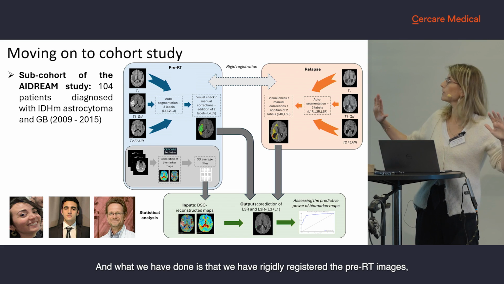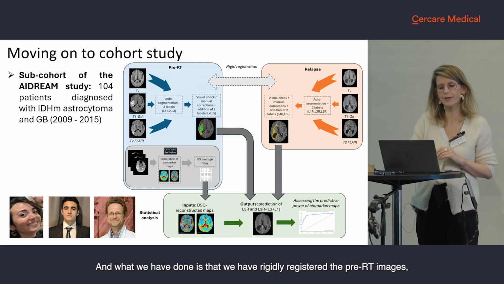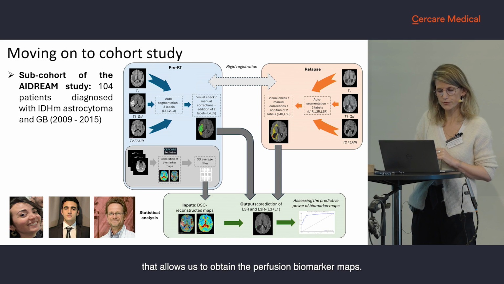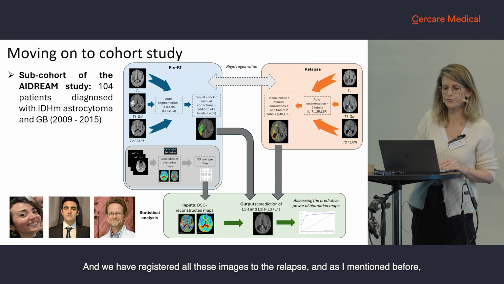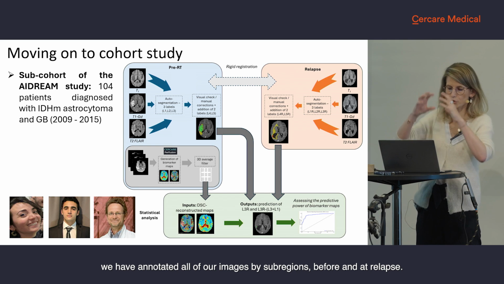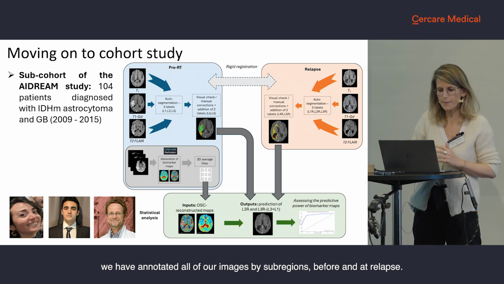What we have done is that we have rigidly registered the pre-RT images, including anatomical images plus the DAC sequences that allow us to obtain the biomarker maps, the perfusion biomarker maps. And we have registered all these images to the relapse. As I mentioned before, we have annotated all our images by subregions, before and at relapse.